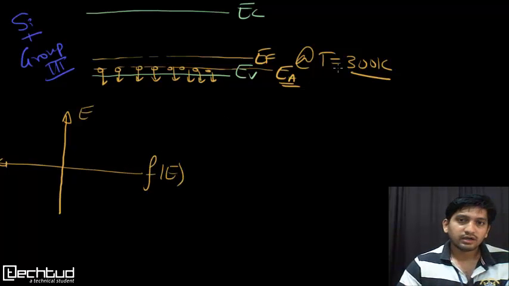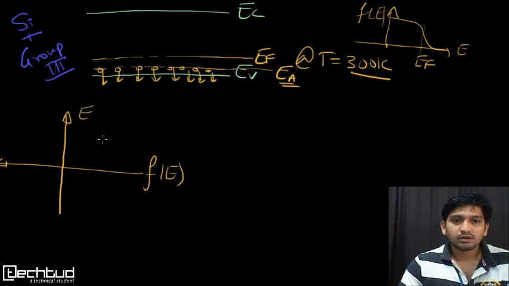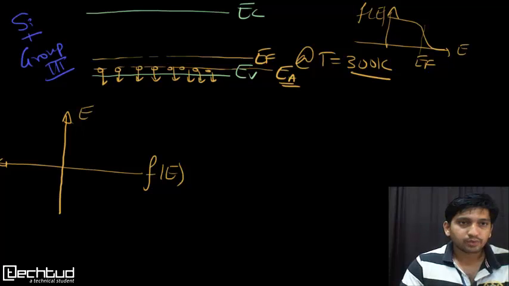Earlier, Fe was above and E was below, and this was the plot we were plotting, and this was your EF level. Now we have just rotated the axes, E here and Fe here. Now this plot will look like this.